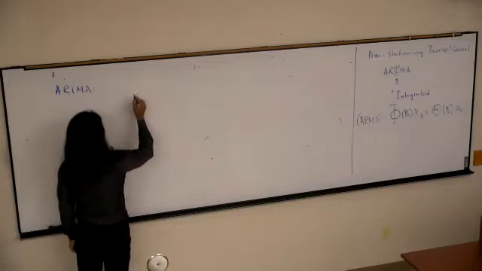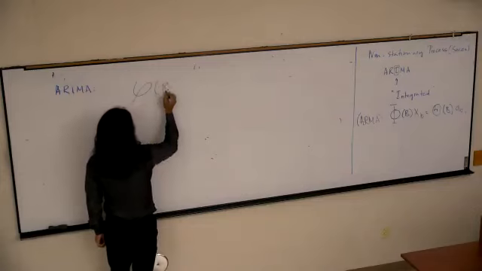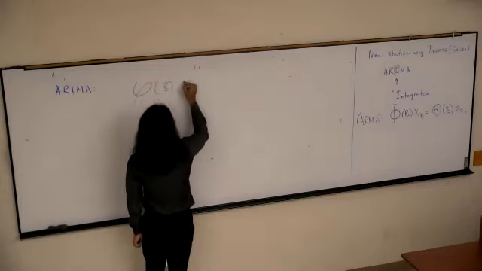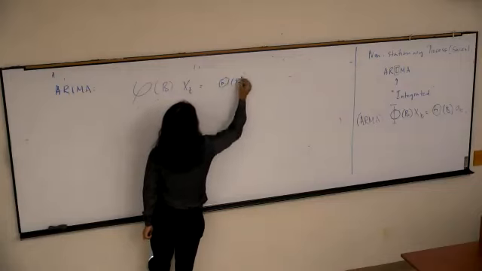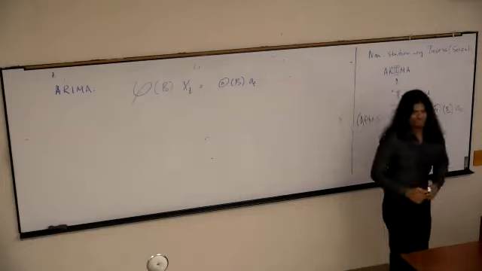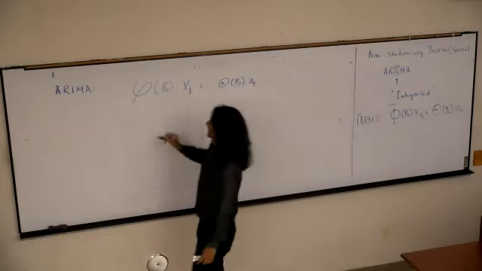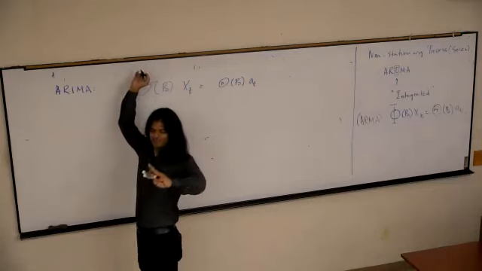What is the notation for this? I'm trying to stick with the book's notation. We've got phi, we've got sigma, we've got theta.